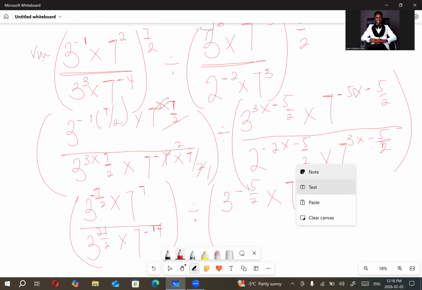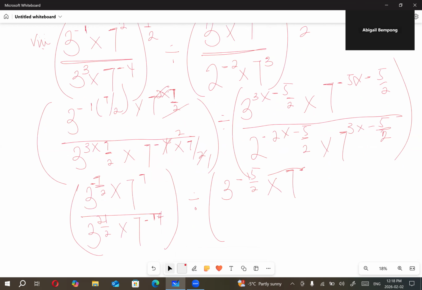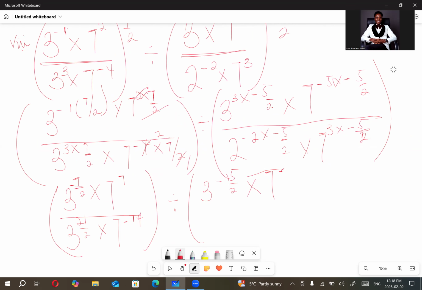Let me clean this. Minus 5 minus 5 would be positive 25 over 2. On 2 exponent, this one cancels that. Minus 1 times minus 5 will be positive 5.